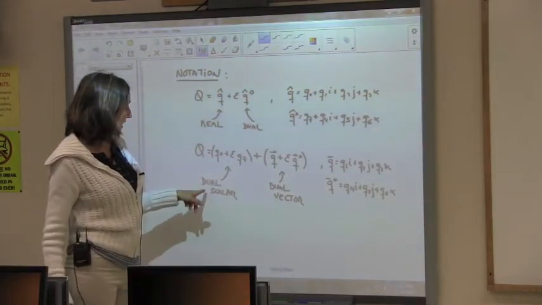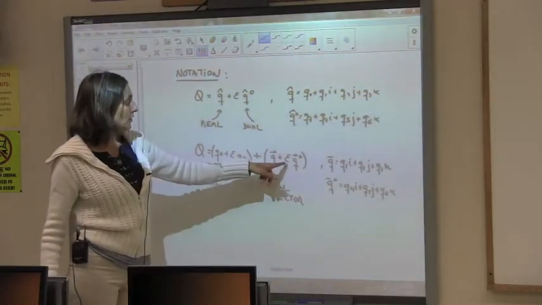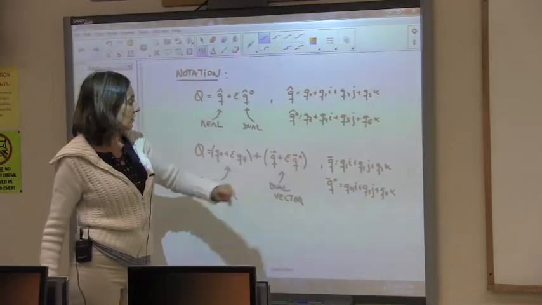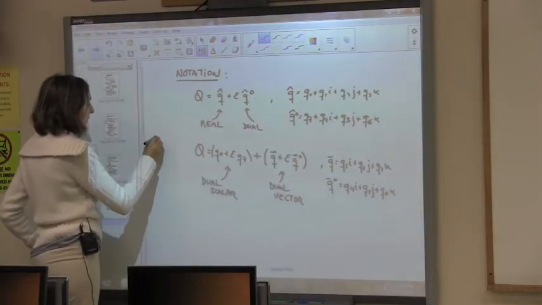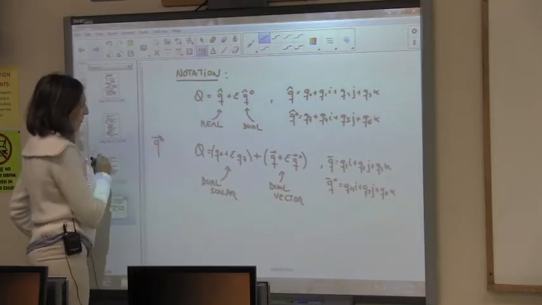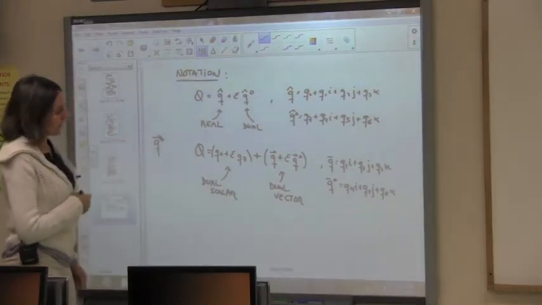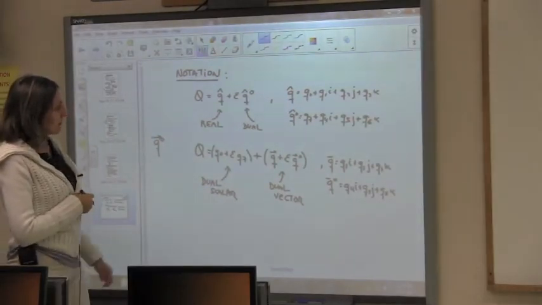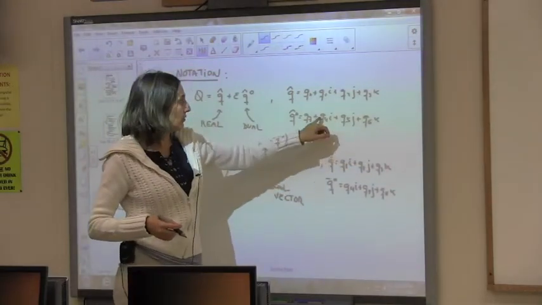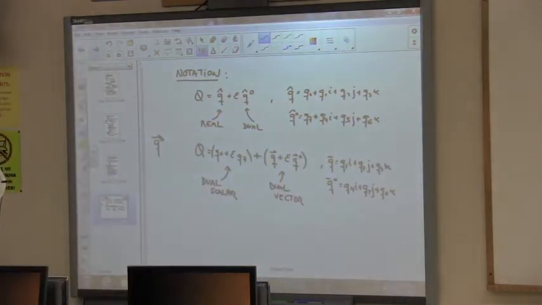That q plus epsilon q super 0. Okay, so this is a q, an arrow, and a 0 up there. So q0 with an arrow is a vector. It's the one in which you just consider your vector part, the ijk. So dual scalar and dual vector.